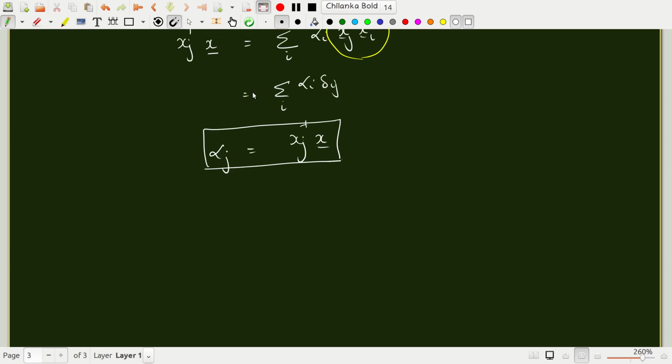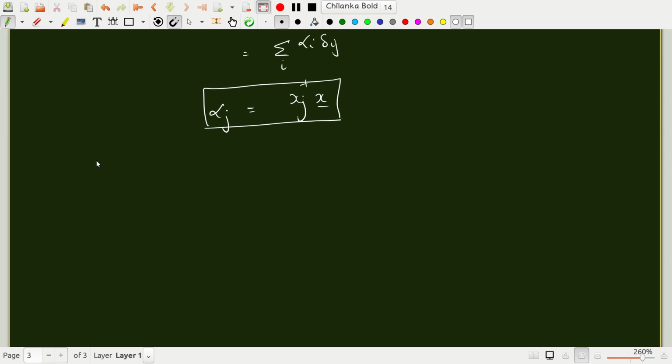Okay, so there is one small concept that I would like to introduce in this context. Suppose x is summation alpha_i x_i. We can also write this as summation x_i alpha_i. Alpha_i's are scalars, so the order in which it appears doesn't matter.